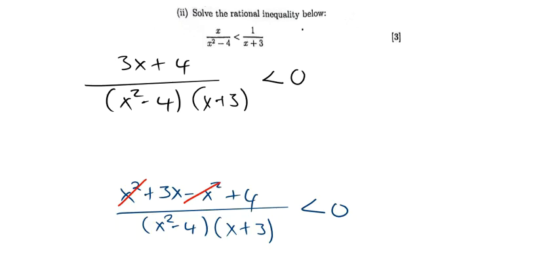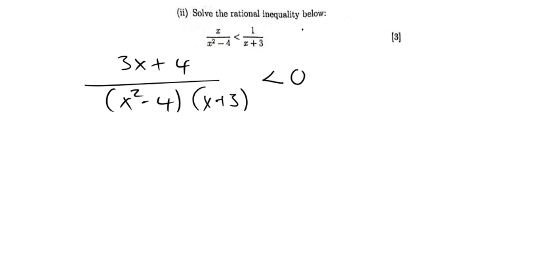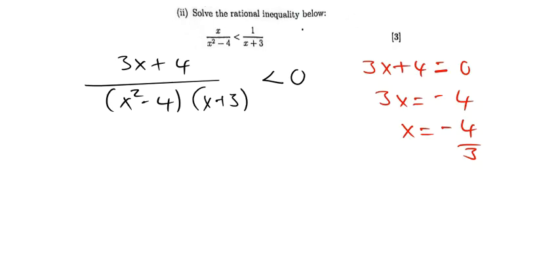Okay, so we can now try to find the zeros of the equation that we have. So the first zero is the numerator equated to 0. 3x plus 4 is equal to 0. 3x is equal to negative 4. And then x is equal to negative 4 over 3. That's for the first part.